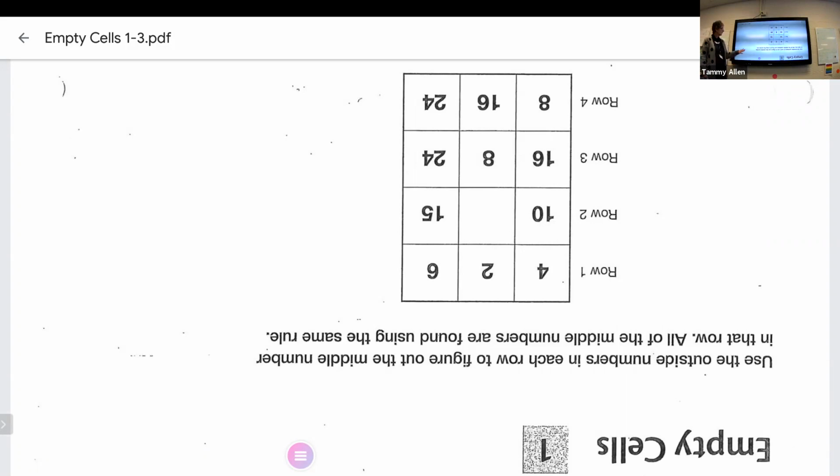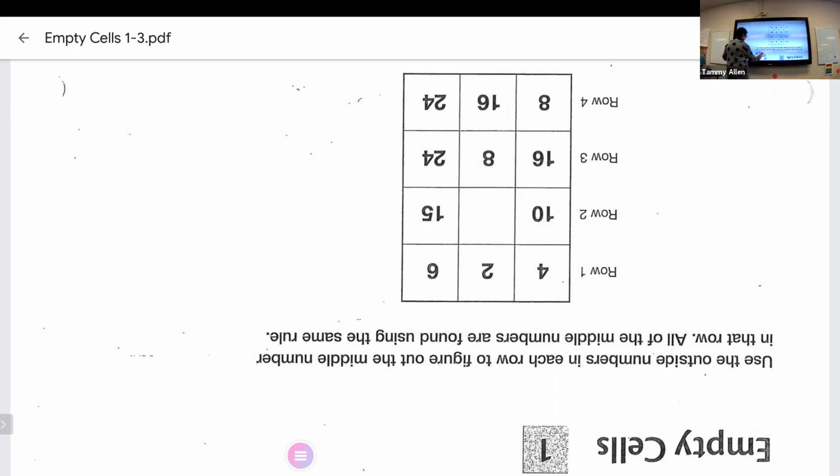All right. We're going to use the outside numbers in each row to figure out the middle number. Okay? All the middle numbers are found using the same rule. The same rule. All right?